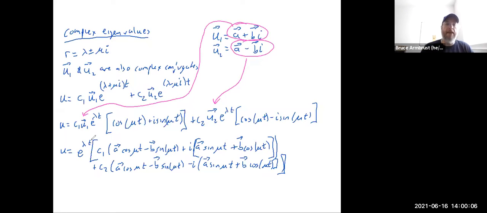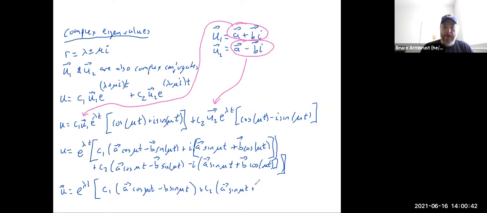Then C1 minus C2 times i, call that your other constant. Combining these, which are now new C's, this becomes e to the lambda t times C1 times a cosine omega t minus b sine of omega t, plus C2 times a sine omega t plus b cosine of omega t.